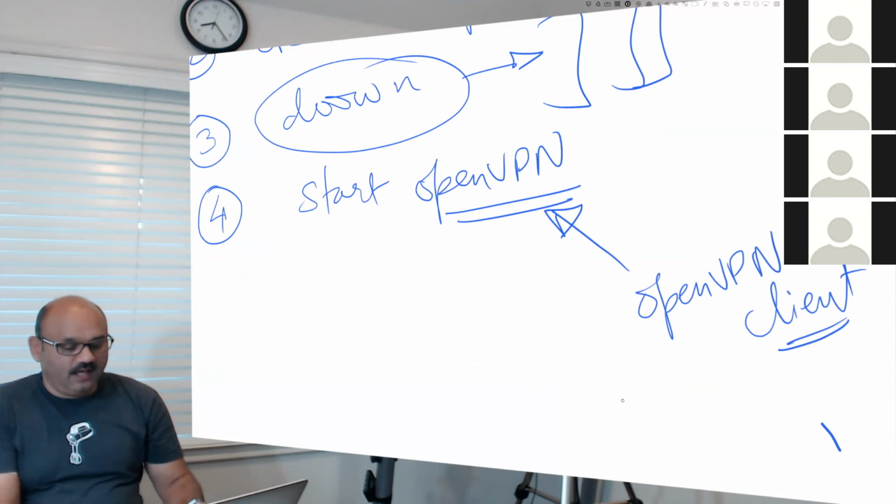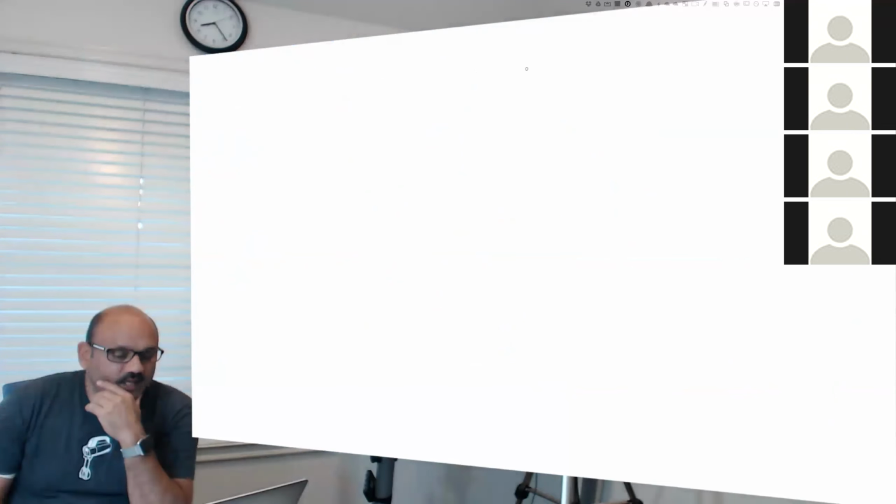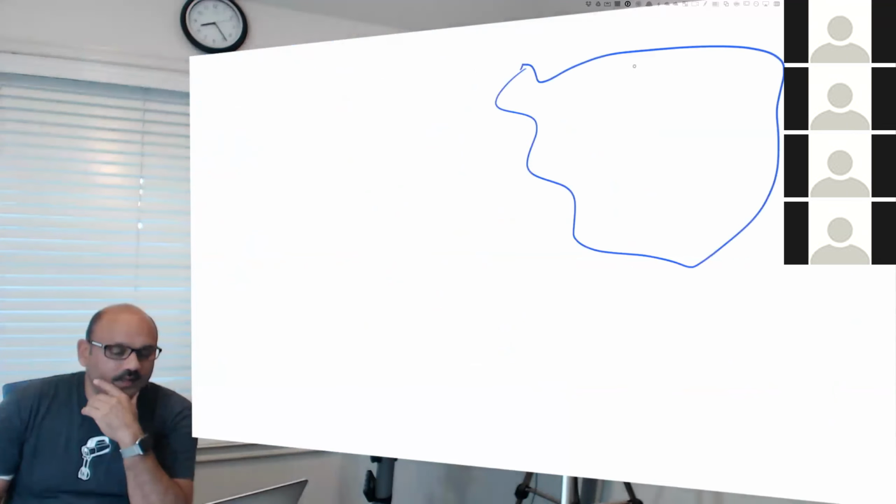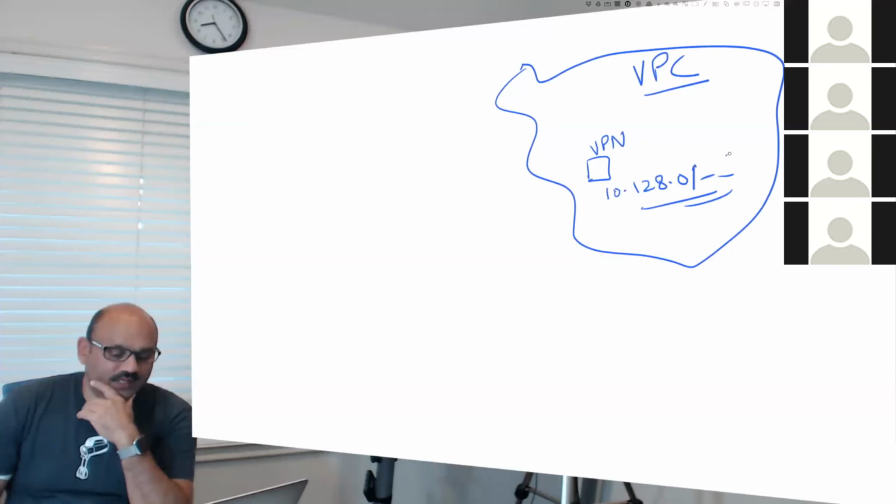You have a VPN server here. This is your private cloud. You have this VPN server running here, and you have this IP address range of 10.128.0.0/whatever that address range is.